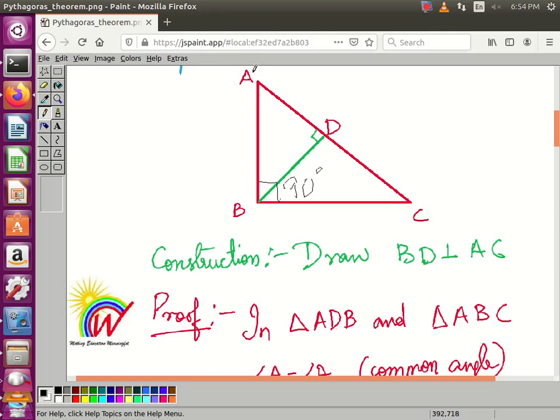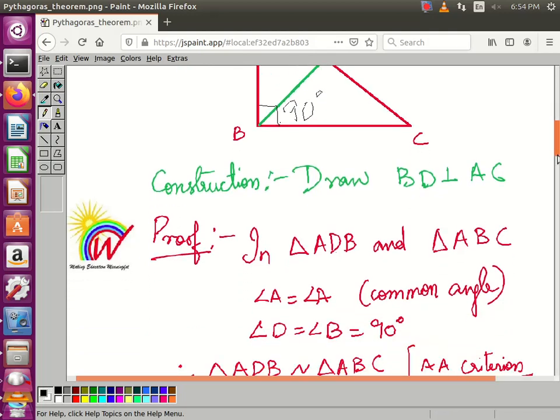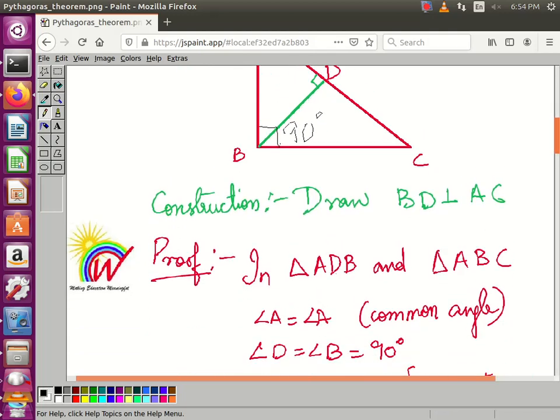So in these two triangles, you see, angle A is common to both of them, right? Angle A is there for ADB also, and it's there for ABC also. So angle A is equal to angle A. I have written angle A equals angle A. That's a common angle. Alright, now the next thing is, we know that angle D is 90 degrees and angle B is also 90 degrees.